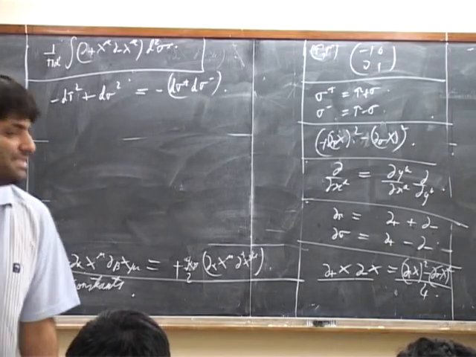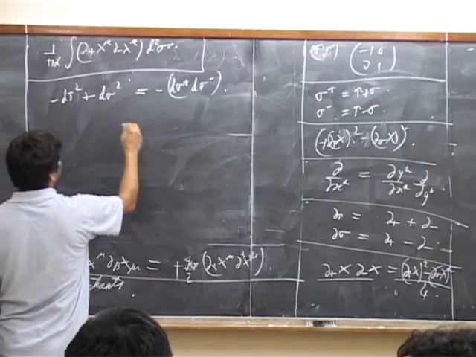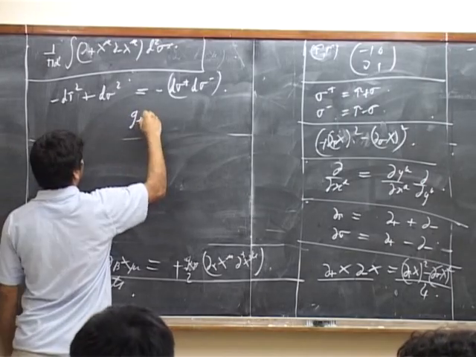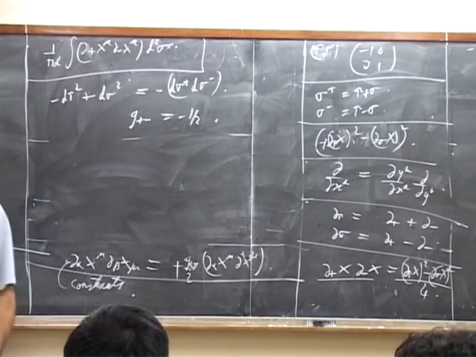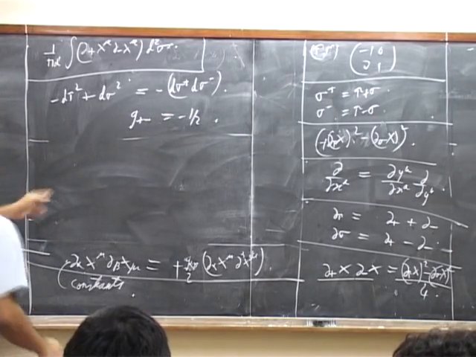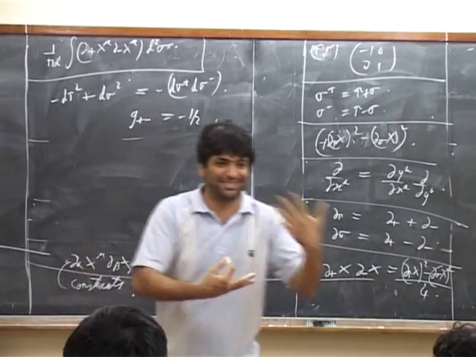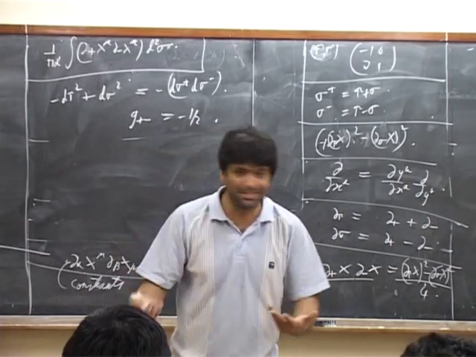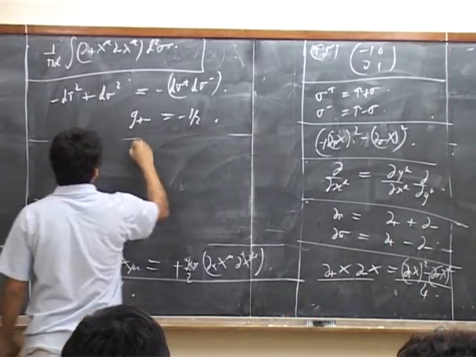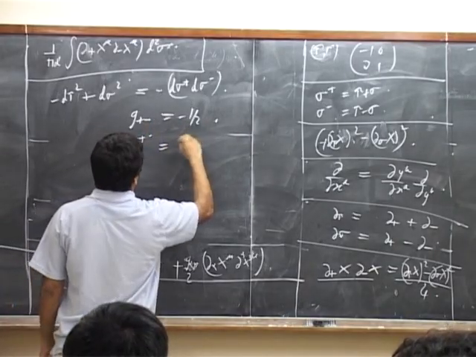A plus B, A minus B is A squared minus B squared. Which tells us that G plus minus is equal to minus half. There's a factor of half between what we've got here and what we've got here because the metric is symmetric. There are two terms, because G plus minus is the same as G minus plus. Which tells us that G plus minus, if we need that, is equal to minus 2, when we invert.